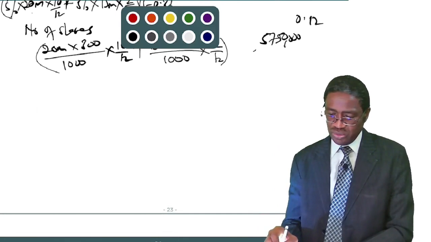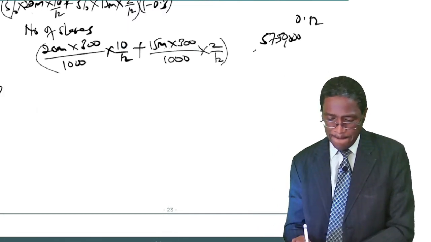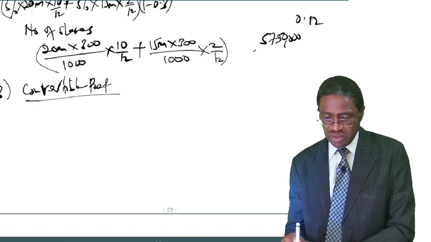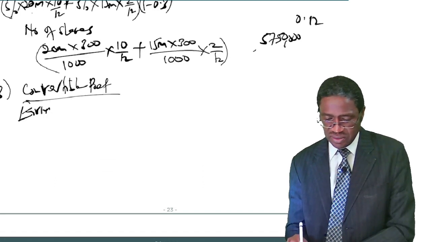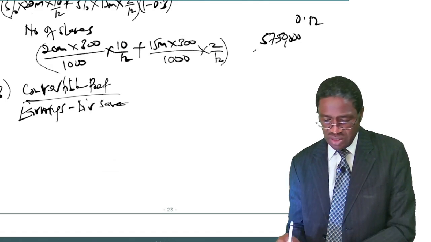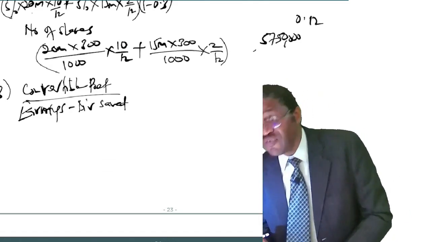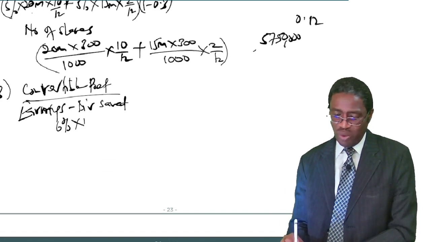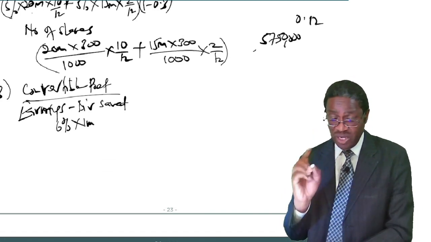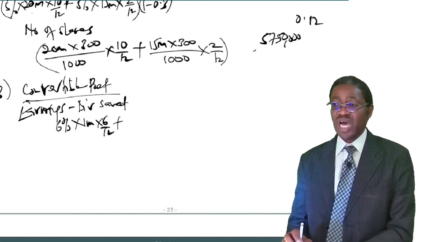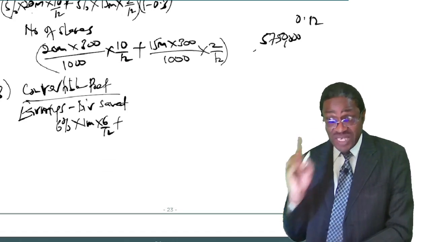So let's go there and pick it. We come to number 3, convertible preference. We say your earnings, dividend saved. If these guys had converted, we would have saved on dividends. How are we getting it? It is 6% of the 1M, remember we are paying at a rate of 6%, multiplied by 6/12, plus, after 6 months, 600 converted.